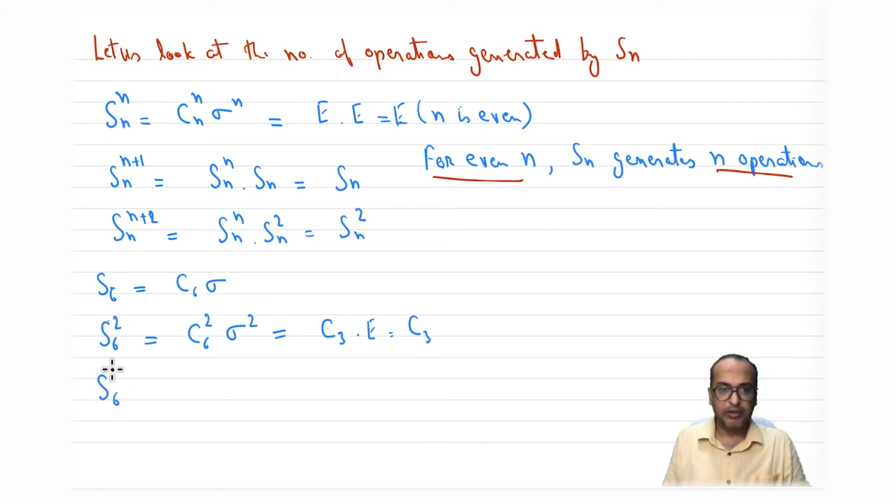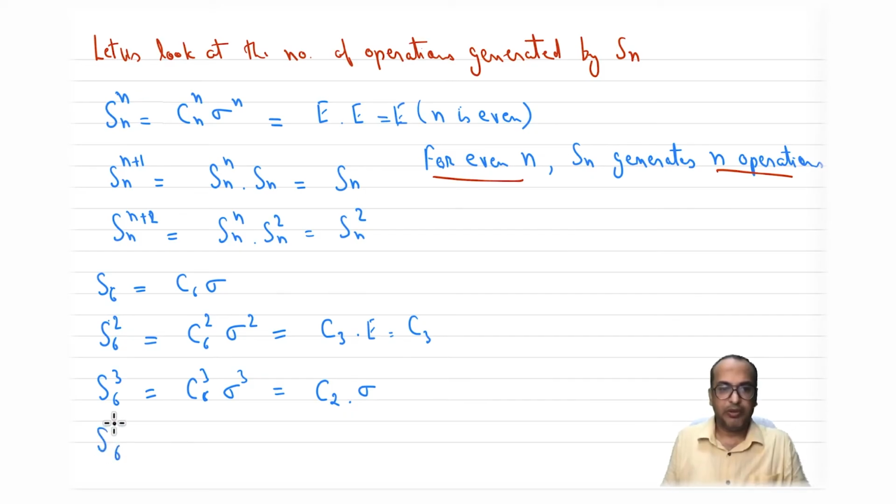Now S6 to the power 3 will be equal to C6 to the power 3 sigma to the power 3. That means C6 done 3 times is nothing but C2, and sigma done thrice will be sigma. So this is again an independent operation.